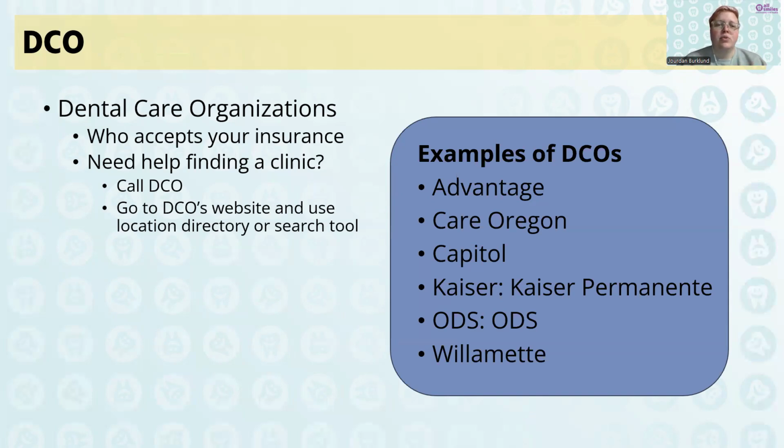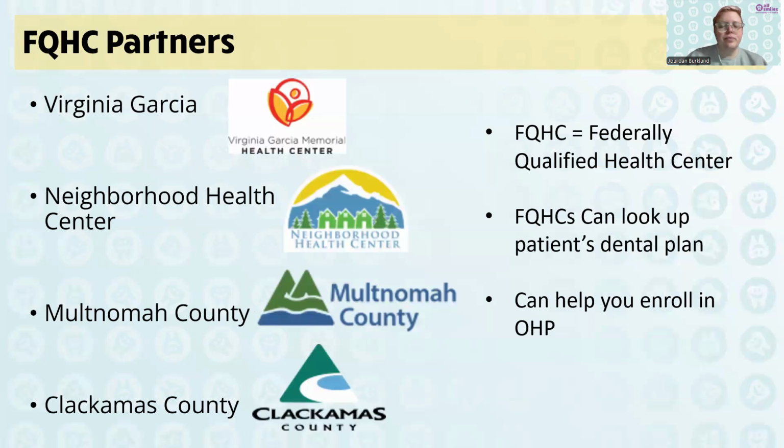These are all different kinds of DCOs, and you can always contact them to find out what clinics accept your insurance. You can always call the DCO, or you can go to their website and use their directory or search tool to find nearby clinics that will accept your insurance.